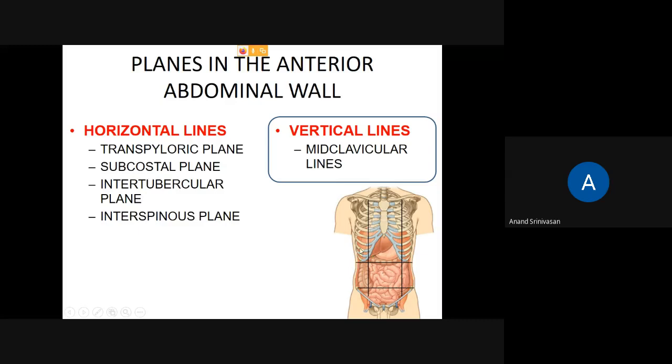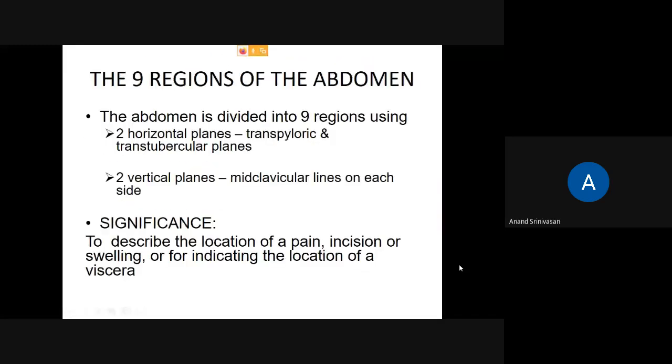Now you can see these planes are dividing the abdomen into 9 regions. 1, 2, 3, 4, 5, 6, 7, 8, 9. So the abdomen is now divided into 9 regions by the transpyloric and transtubercular planes.